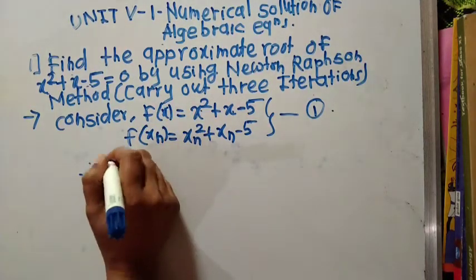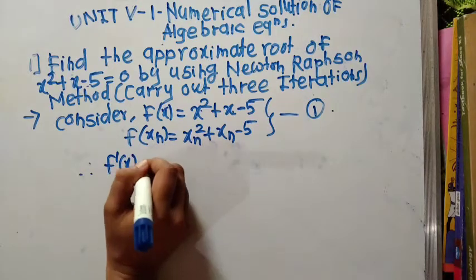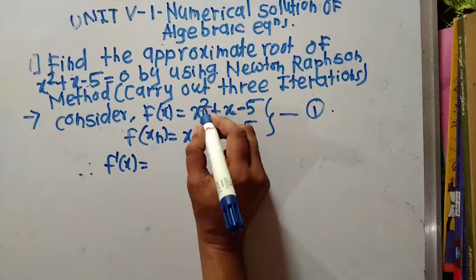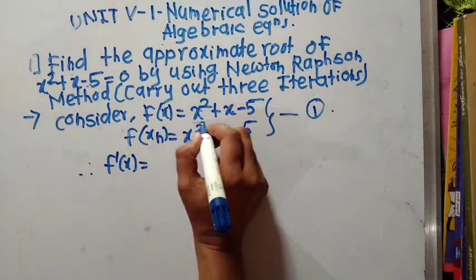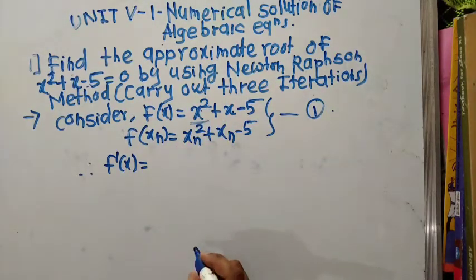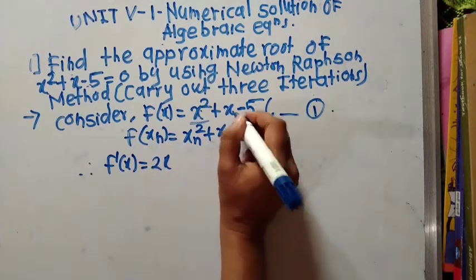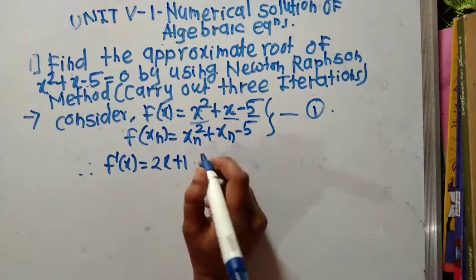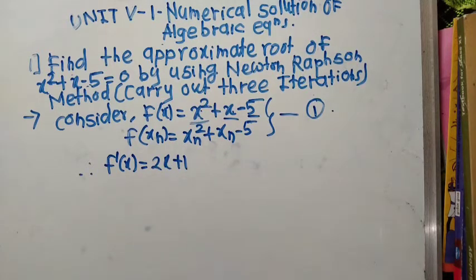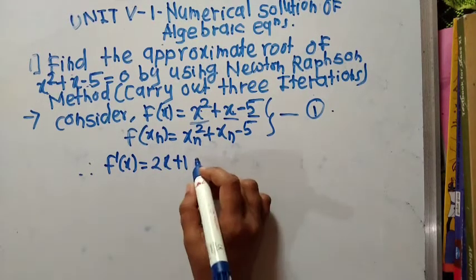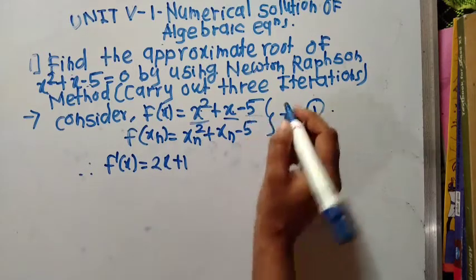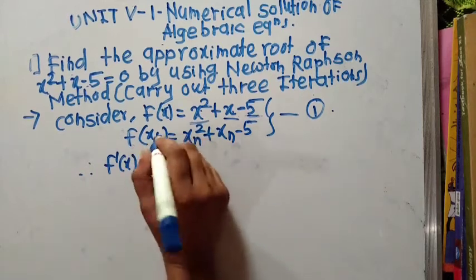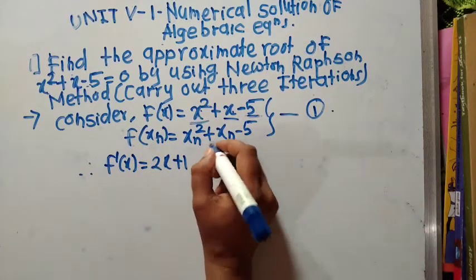Then first find f dash of x: the derivative of x square is 2x, the derivative of x is 1, and the derivative of 5 is 0. Zero should not be considered, 5 is a constant, so its derivative is 0. Then find out f dash of xn.